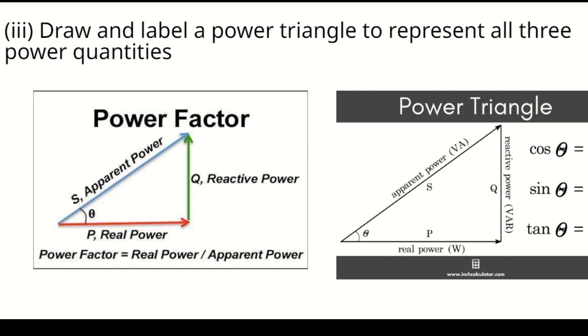And the good thing is, even if you were not able to label the entire diagram, if you drew the triangle correctly, you would have gotten some of the marks. Here we have the hypotenuse side, or the longer side, labeled as the apparent power, and then we have the reactive power and the real power, or what we call the true power.